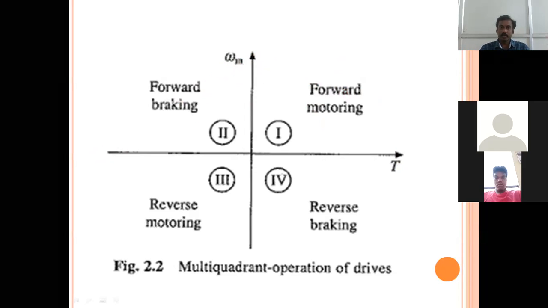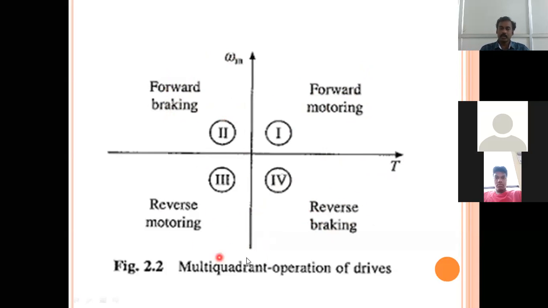That can be treated simply as braking mode. So forward motoring mode, forward braking mode. In this case, the speed is reversed, minus omega n, which means the motor rotation is completely in the reverse direction. So the first and second quadrants represent the forward rotation of the motor.